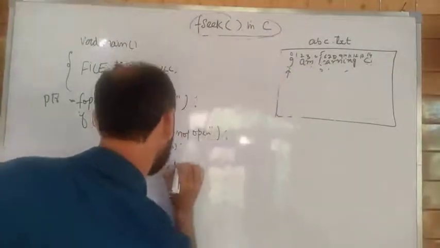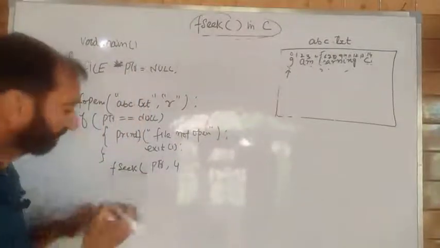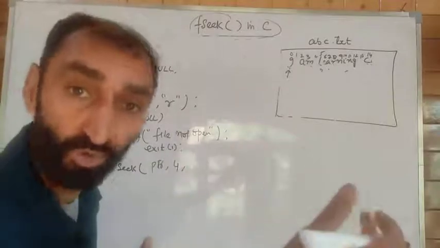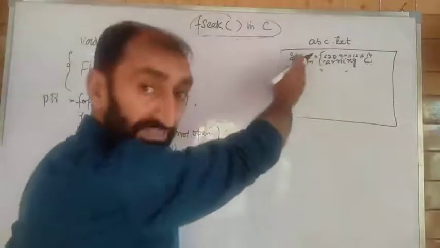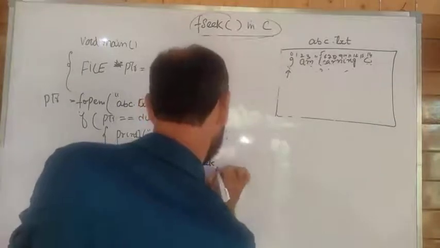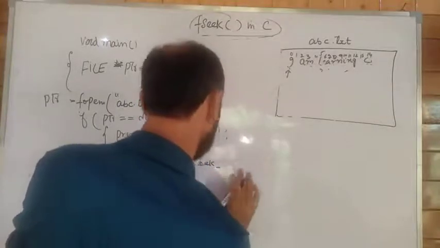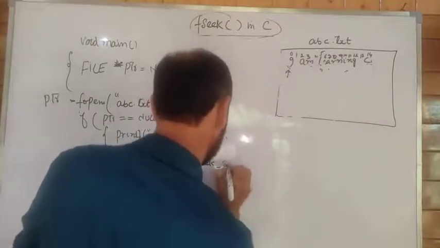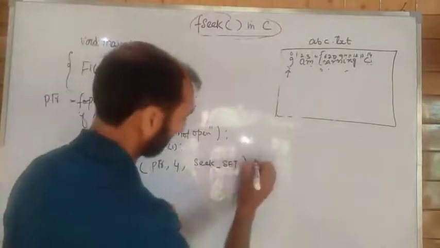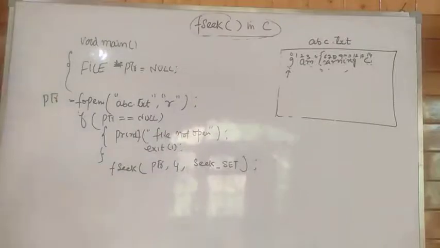That means we will specify here 4. Okay, then position, from which position we want to move. We want to move from the beginning, so here we can write SEEK_SET, and that is it.